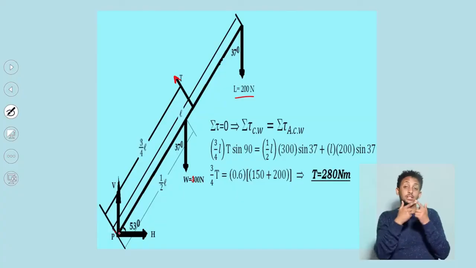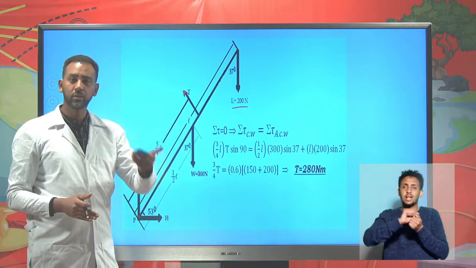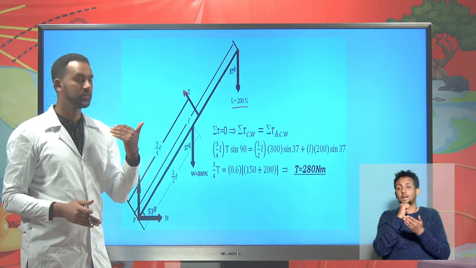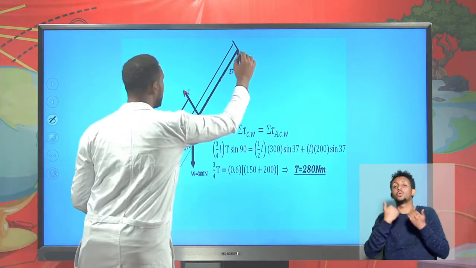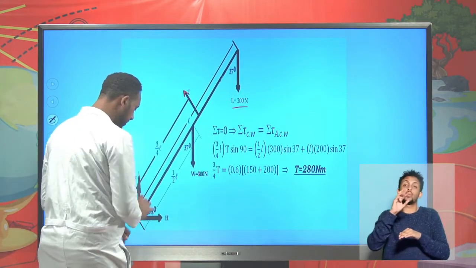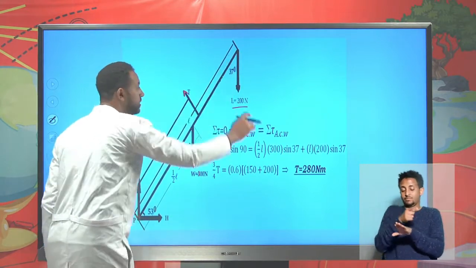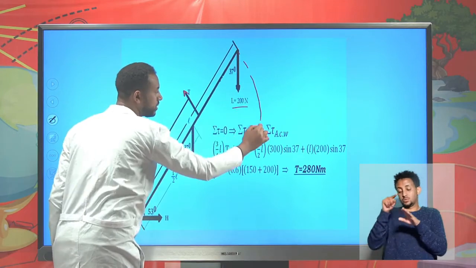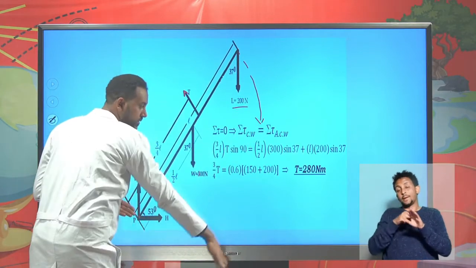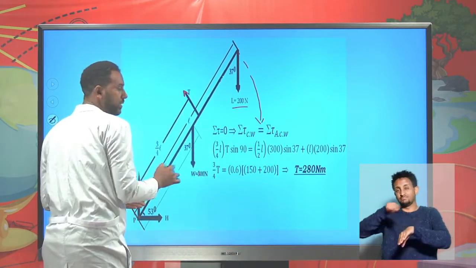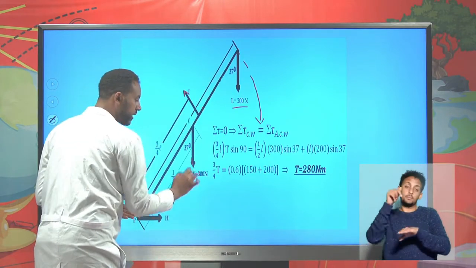The second condition of equilibrium states that the net torque about a given pivotal point should be 0, meaning clockwise torque must be counterbalanced by counterclockwise torque. Let's assume this is the pivotal point. The load tends to rotate the bar clockwise. The weight of the bar also tends to act clockwise.